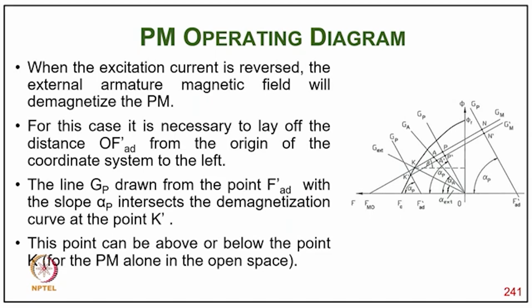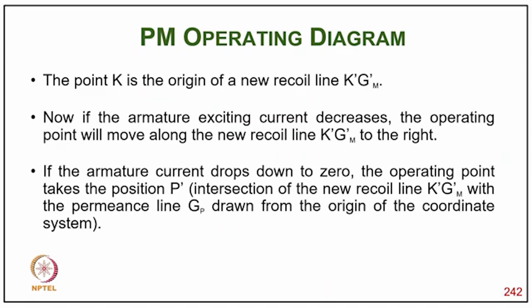For this case, it is necessary to lay off the distance OF dash Ad from the origin of the coordinate system on the left, and the line Gp drawn from the Fad with the slope alpha intersects the demagnetization curve at the point K dash. This point can be above or below the point K for the permanent magnet alone in the open space. So, the operating point K dash is the origin of the new recoil line K dash Gm dash.